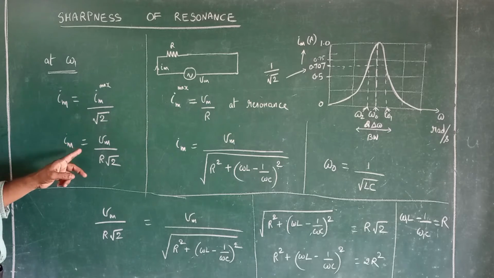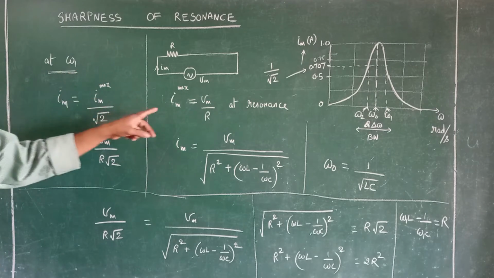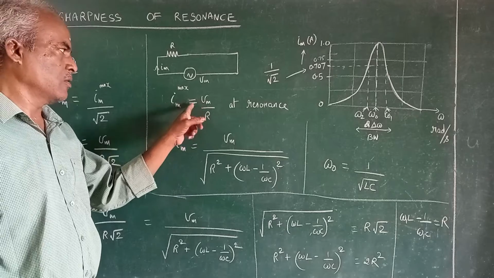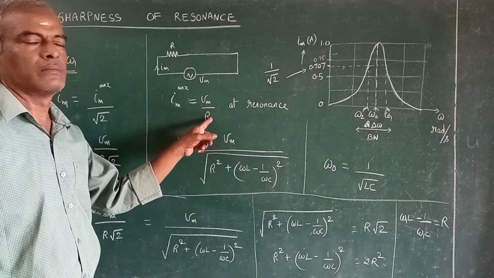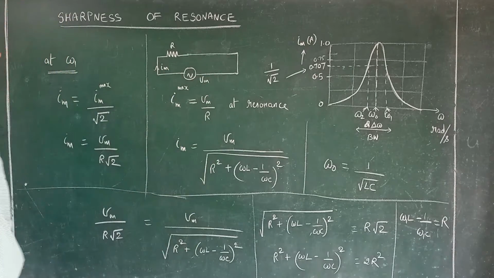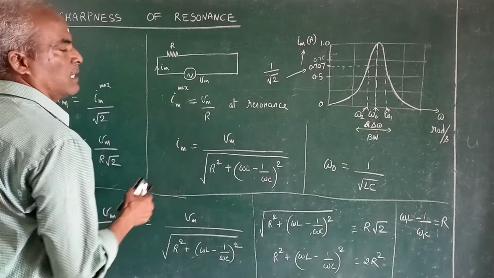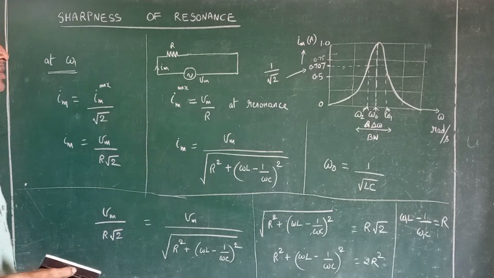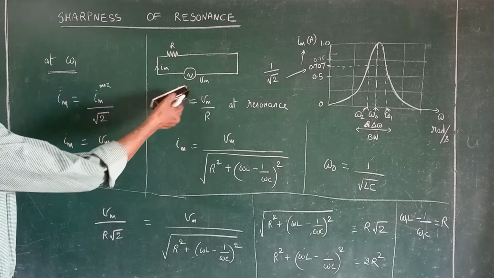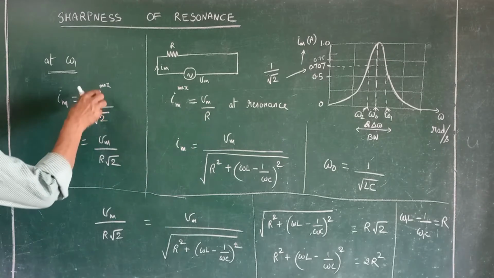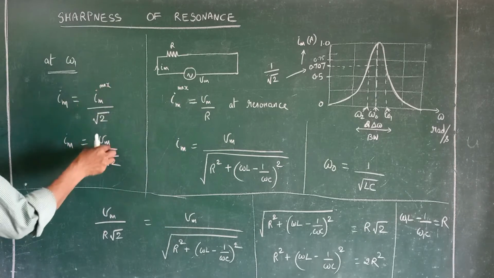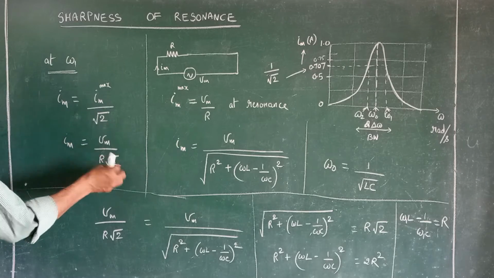Now I_m max, which we already got, is V_m by R, because in the resonant condition L and C act as a short circuit. So you substitute this I_m max, V_m by R, with the root 2.